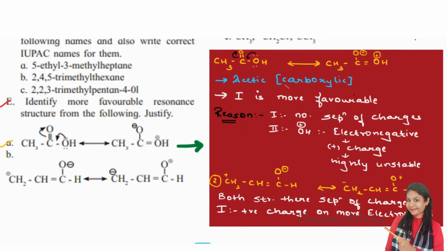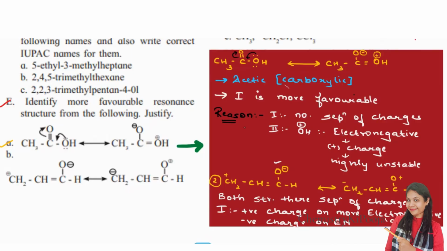Okay, we know that the carbon atom is electropositive, and there is a positive charge on the more electropositive atom, whereas a negative charge is on the electronegative atom. Electronegative atom is nothing but oxygen. So thus I can say that structure 1 is a more favorable resonating structure.